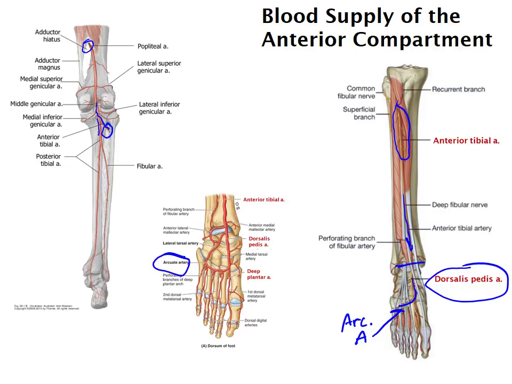Smaller branches like the deep plantar artery communicate with arteries of the sole of the foot. So here we see that deep plantar artery coming off of the dorsalis pedis artery and extending down between the first and second digits of the foot to communicate with the plantar arterial supply.